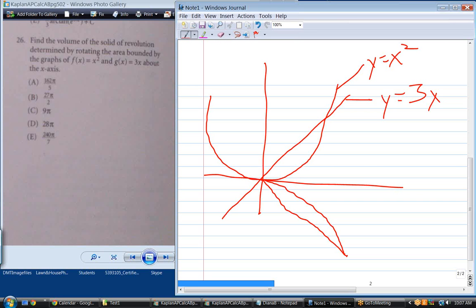You can use discs, like a coin. You can use washers, a coin with a hole in it. Or you can use cylindrical shells. Now, you may not have covered cylindrical shells. Did you? No. Okay. Cylindrical shells are by far the toughest to figure out. A cylindrical shell would be if you took a dollar bill and turned it into a cylinder.